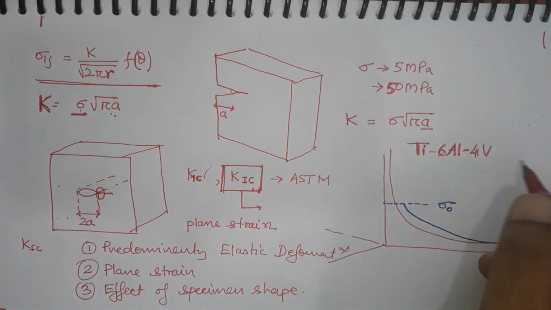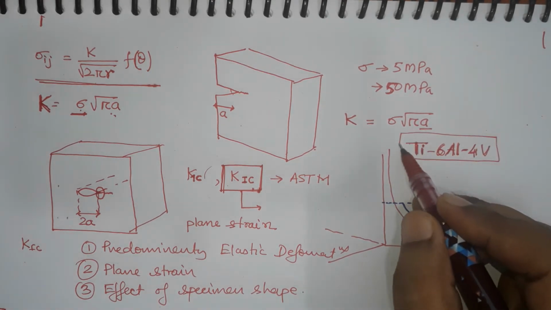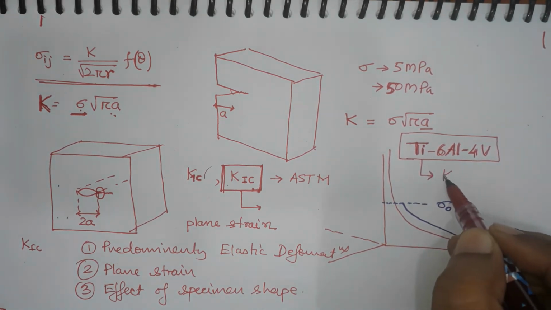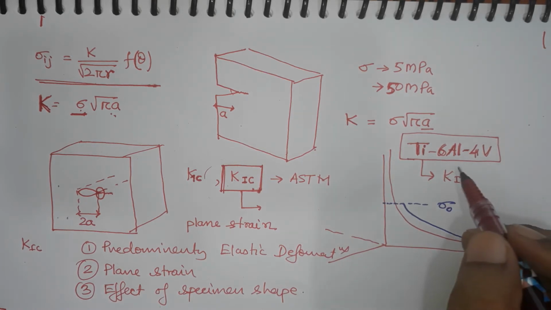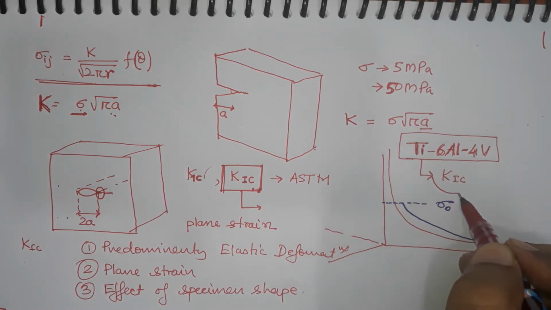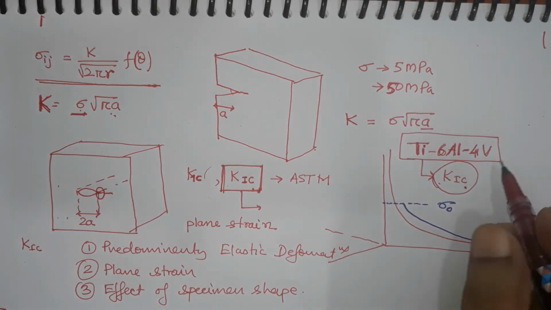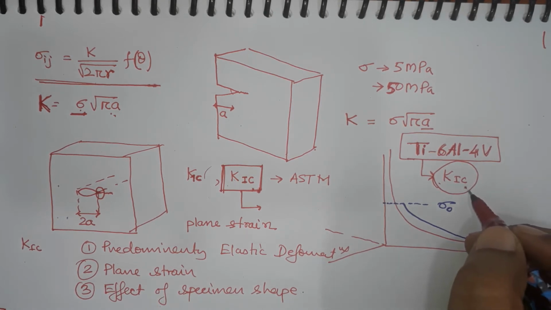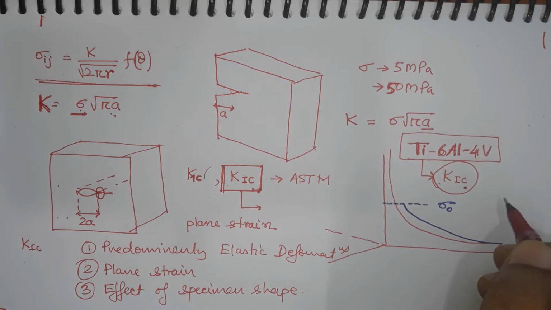So, vehicle armors, and this material, if we take this material, then we can have a value of K1C for this material, which will be constant, which will not change. So, as long as you are testing this material, you will have same value of K1C, and therefore, it is a material property like density, like resistivity. Although unlike resistivity, it changes with the dimension of the material, and that we will briefly see in the next page.